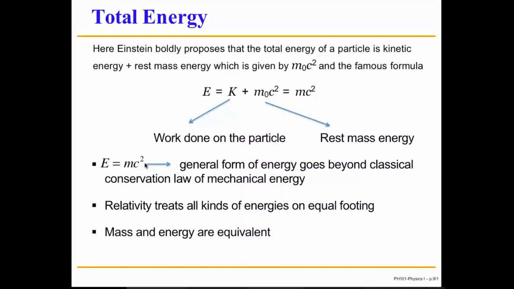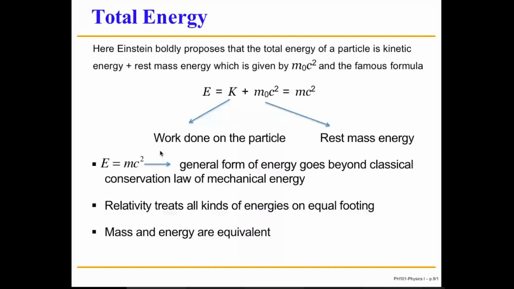So the general form of energy really goes beyond the classical conservation law of mechanical energy. Okay, so in relativity, the distinction between mechanical energy and other forms of energy totally disappears. This formula tells us that relativity treats all forms of energy on an equal footing, in contrast to classical physics, where each form of energy is treated as a special case. So this is the generalization of the conservation of total energy as a consequence of the very structure of relativity.